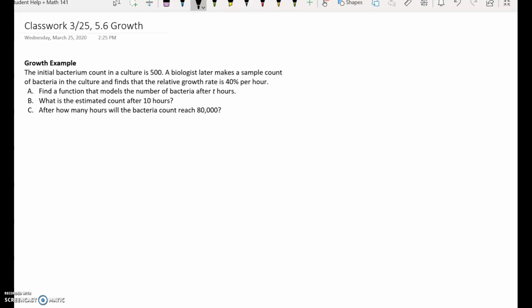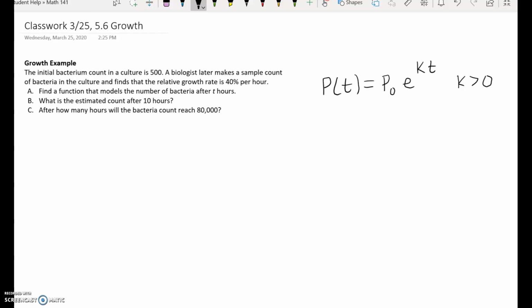In this entire section, we're using the same formula for all of the different applications that we have, and it is this. And we're specifically looking at k being larger than 0. For the decay examples, we'll have k be a negative number.